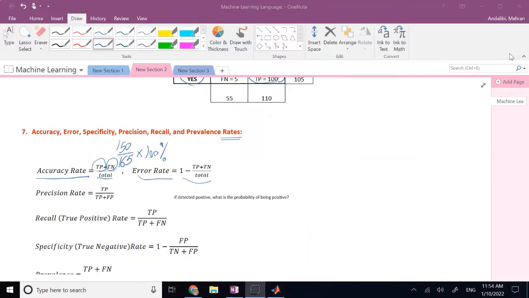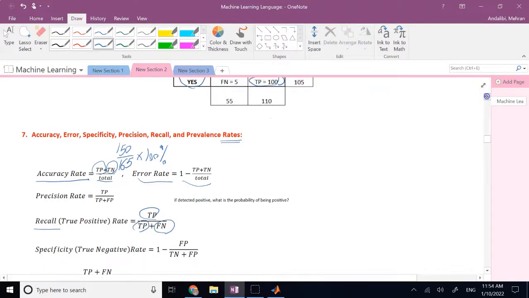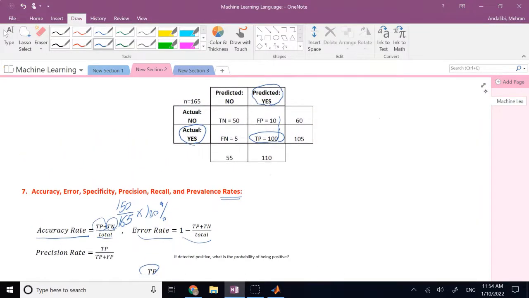Then we also have some other rates like the recall, which is also called the true positive rate. It's the number of true positives over true positives plus false negatives. So instead of dividing the true positive by the whole column, you divide the true positive by the whole row, right? Like this. What's the meaning of that?